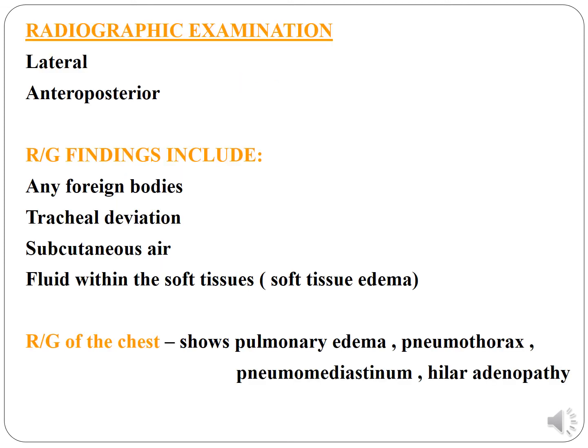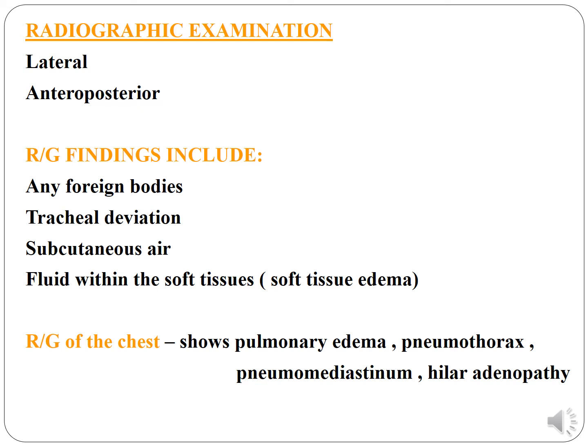For the radiographic examination, lateral and anteroposterior radiographs can be taken, and they can show tracheal deviation or subcutaneous air or any foreign bodies in the radiograph, or fluid within the soft tissues. And then there is the chest radiograph.